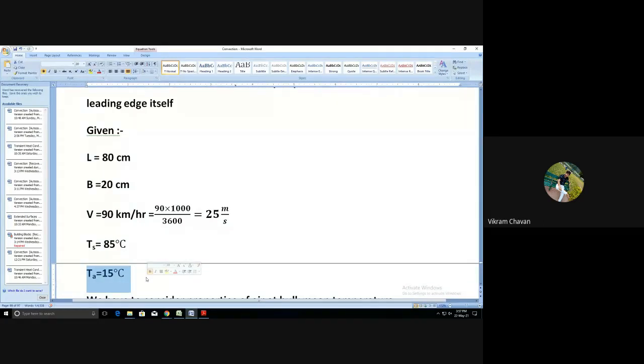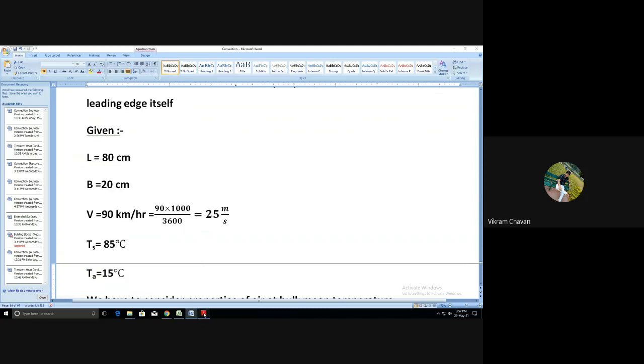But they have not provided the properties of air at that particular temperature. Whatever properties we require to do the calculation, that is mu, Cp, k, kinematic viscosity, dynamic viscosity, any of the properties they have not provided in this particular problem statement. Where to get these properties?